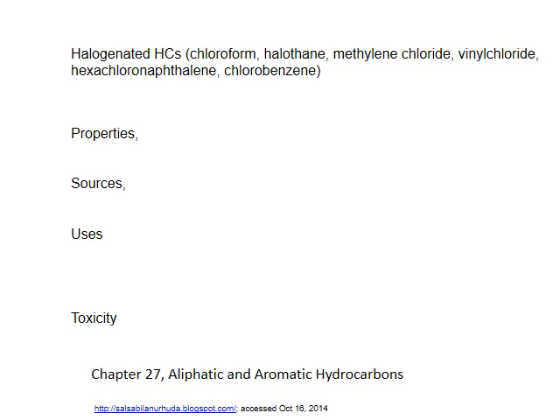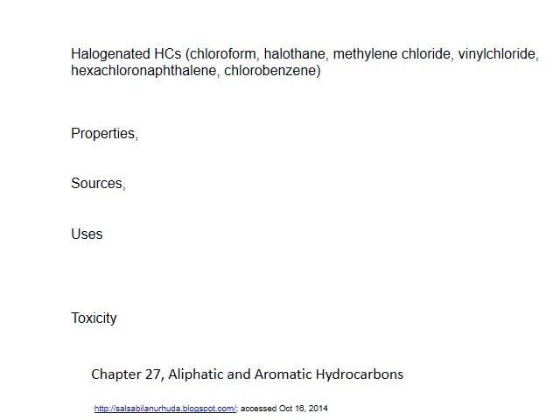The last halogenated hydrocarbon that I'll discuss is chlorobenzene, which is a flammable, colorless to slightly yellow looking liquid. It has an almond-like odor to it. It's used as a solvent and also in the manufacturing of phenol.